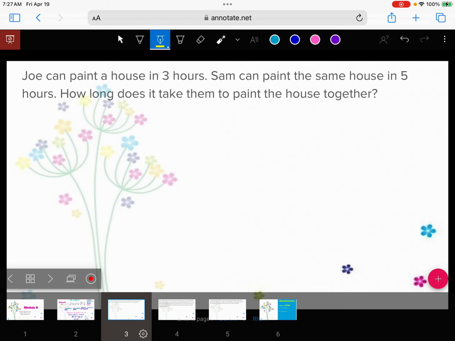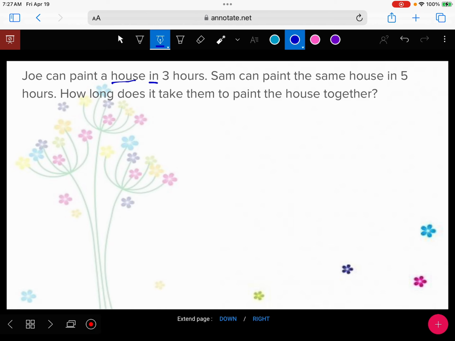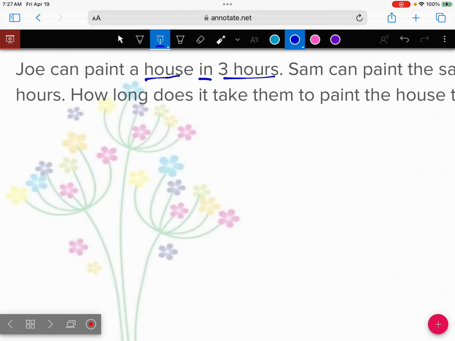What we're going to do is we're going to make these like speeds or rates or slopes. So we're going to think about in like miles per hour. But in this case, it's going to be houses per hour. So Joe can paint one house per 3 hours.